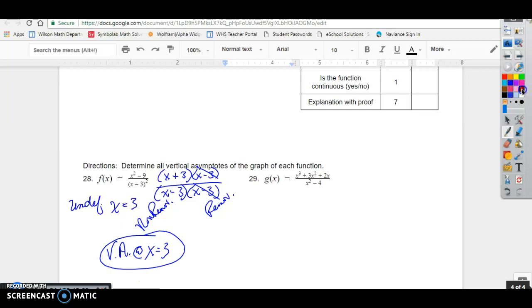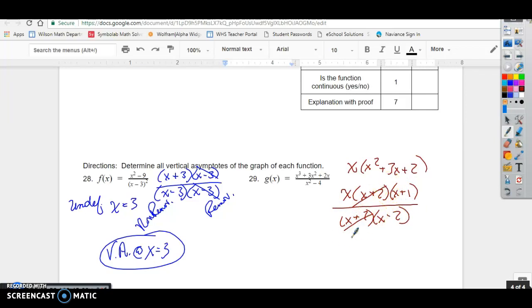Okay, 29. GCF out of the top leaves you with x squared plus 3x plus 2, which then would be factored to be x plus 2 times x plus 1. On bottom, these are conjugates, so that's x plus 2 times x minus 2. The x plus 2's cancel out.